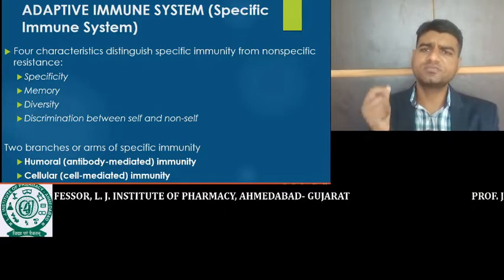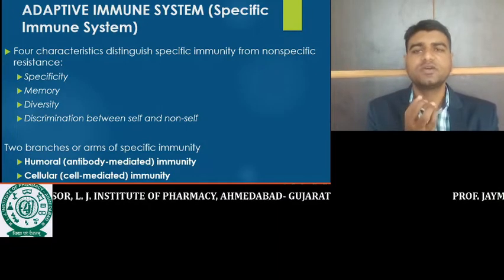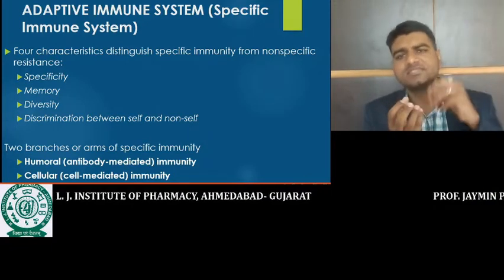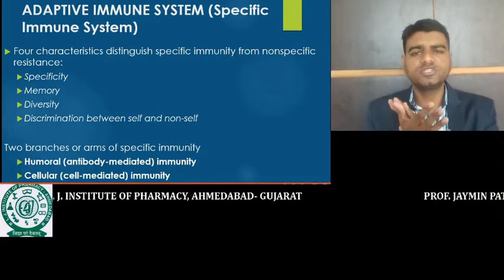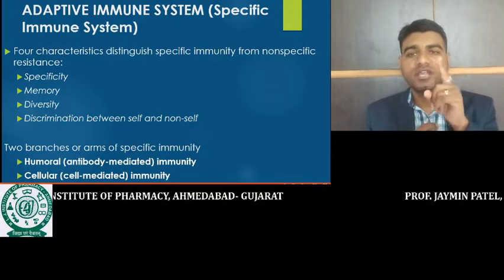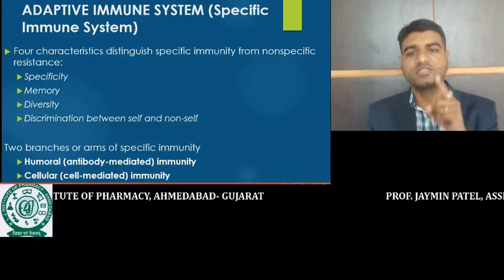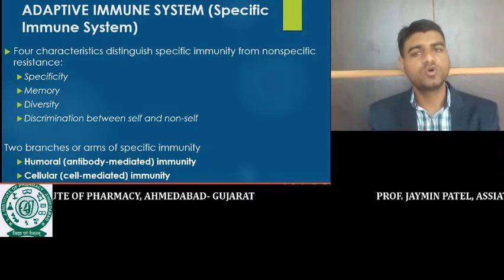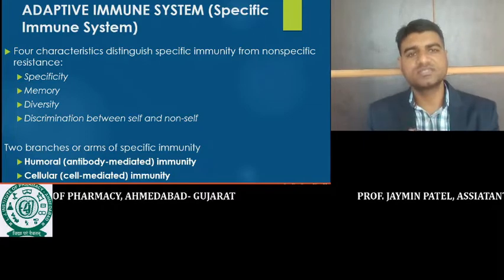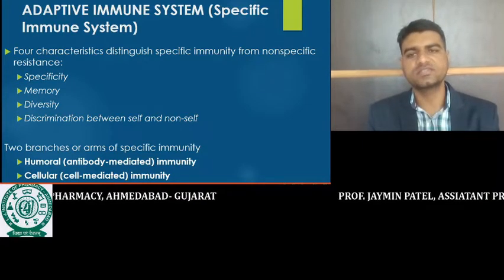Due to these memory cells, it responds quickly and destroys the microorganism before generating the symptoms of infection, before generating the disease. This concept is utilized in vaccine preparation, which we will discuss in the vaccine lecture.